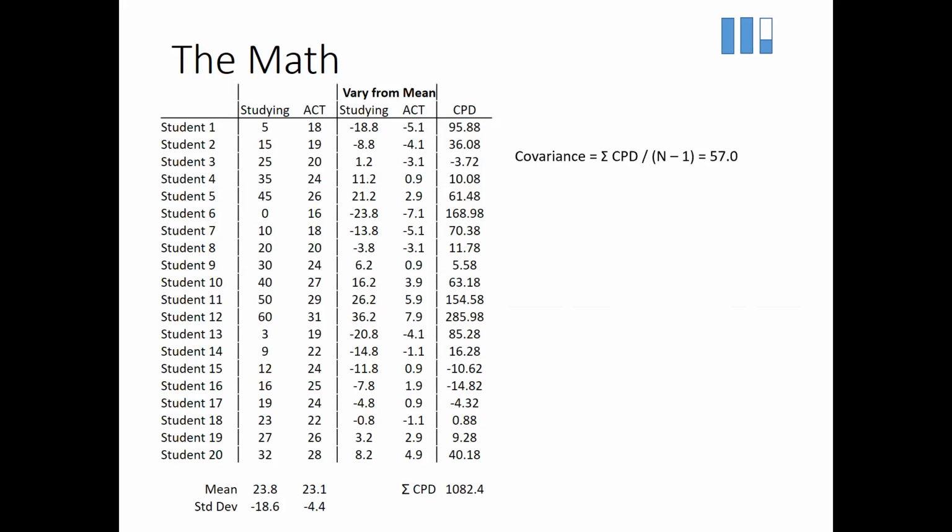Easy math, right? Again, not blowing your minds here. Just a couple of steps you have to work through. So when we divide the sum of the cross-product deviations by the number of cases minus 1, that's 19, right? We get 57, okay? Our covariance then is 57.